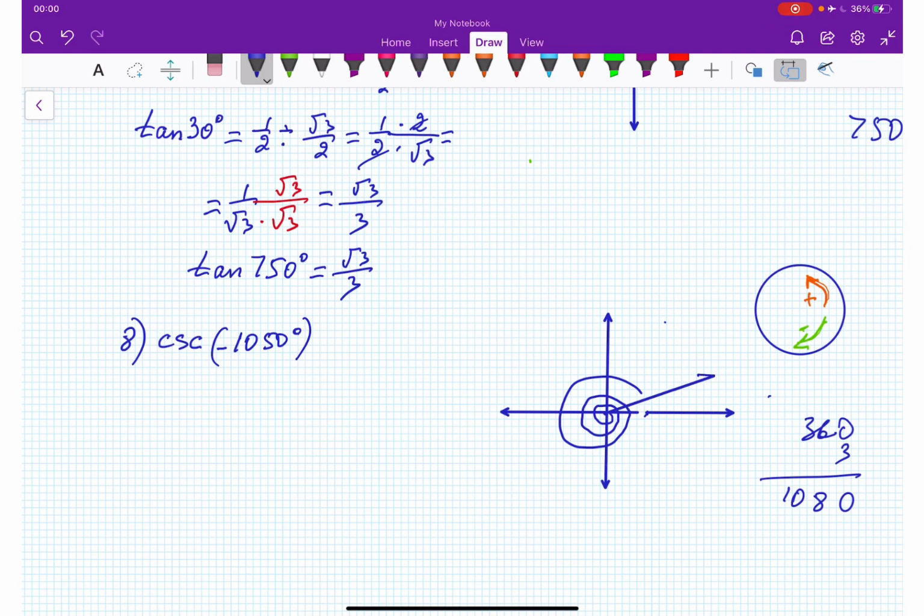Yes? And which means it comes all the way to here. Correct? So this is 30 degrees. This is going to be 60 degrees. Yes? All right.